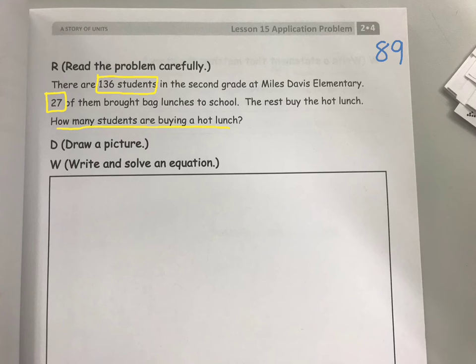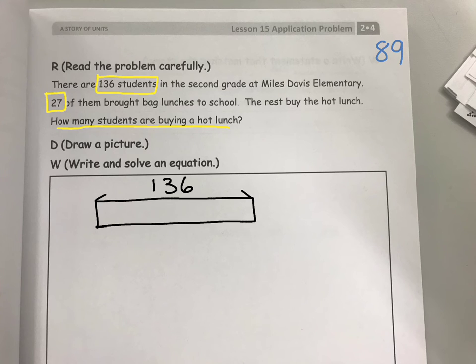Okay, so let's think about what we're looking at. We're looking at a school, so second graders. Let's draw a tape diagram here for all of second grade. All of second grade at this school, there are 136 students.